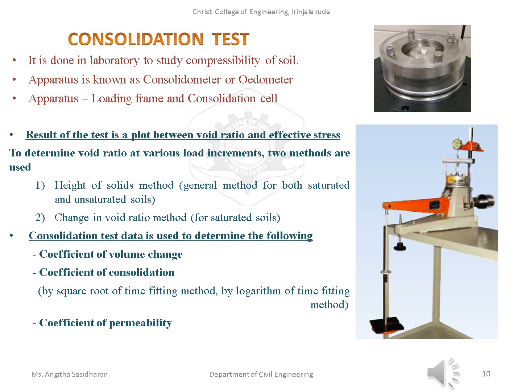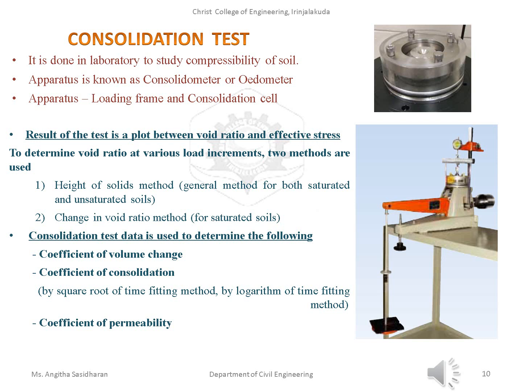So the result of the test is what? It is a plot between void ratio and effective stress. I have told earlier that the decrease in volume after consolidation is expressed in terms of void ratio, and the test result will be a plot between void ratio and the effective stress.